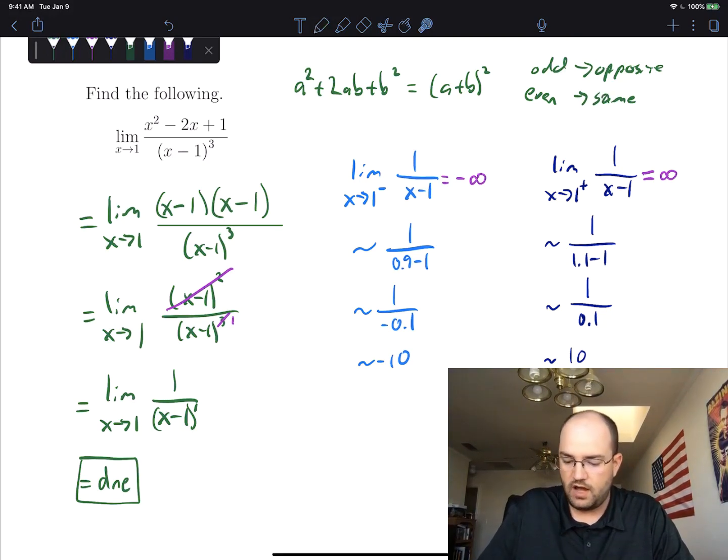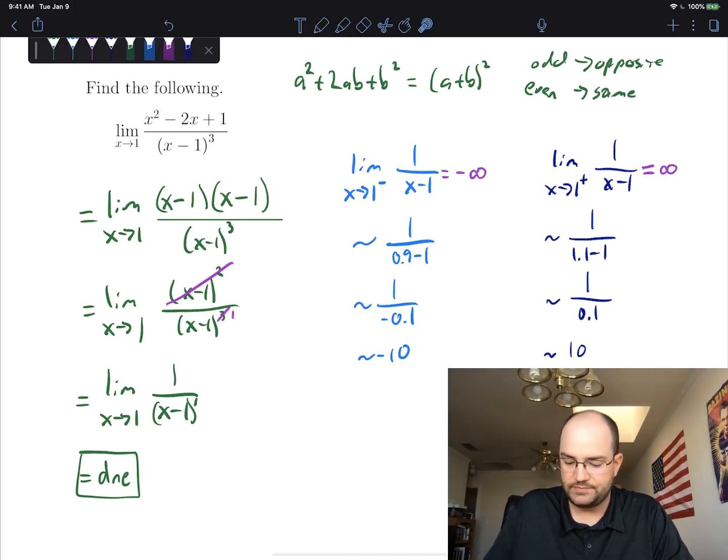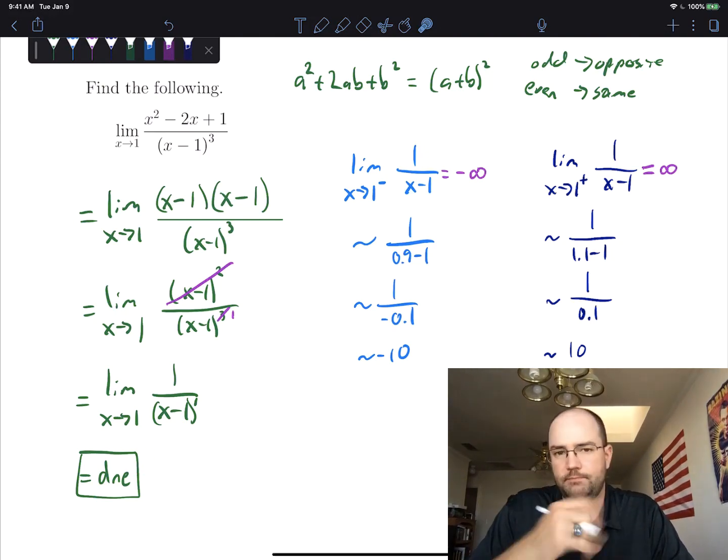So it's opposite because it's going in opposite directions. If this was squared right there instead of to the first power, then these would have either been both positive infinity or both negative infinity, and we would say that this would equal either positive infinity or negative infinity. But it really doesn't matter in this case. But that's what would have happened.